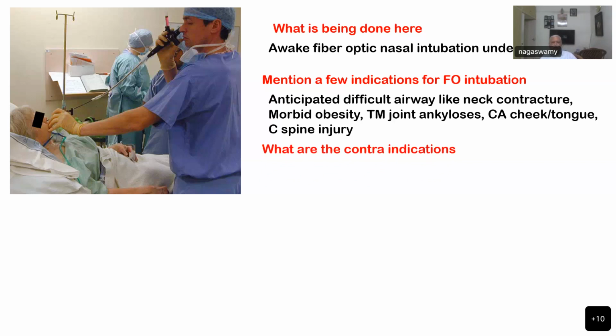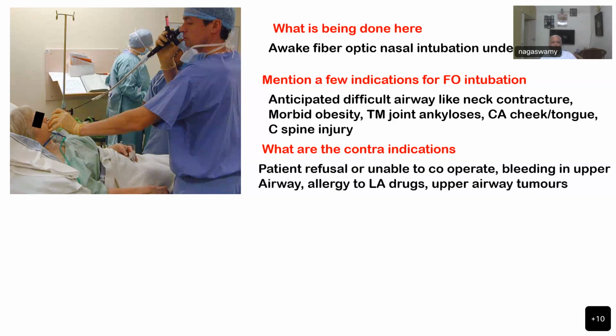Okay. Will you say that as the first indication? Patient refusal or unable to cooperate, bleeding in the upper airway, any allergy to local drugs, or upper airway tumors. If any of these things are there, then you will not be able to do fiber optic intubation.